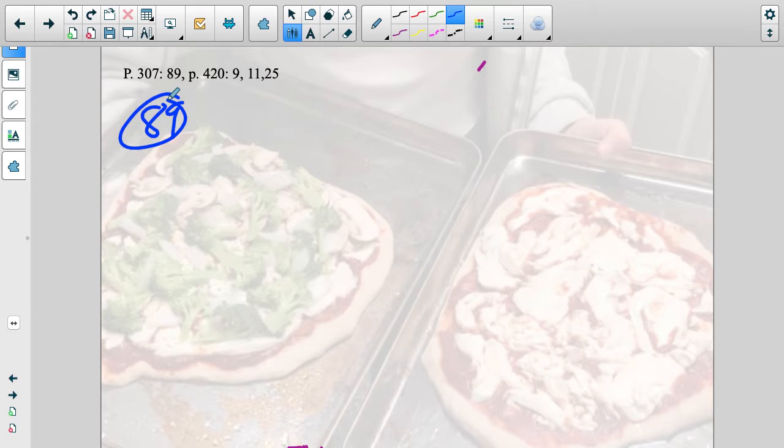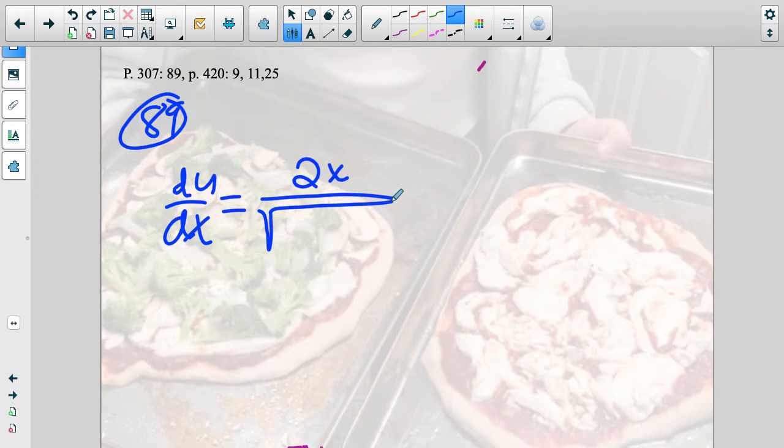All right, so we have dy over dx equals 2x over the square root of 2x squared minus 1. And the graph of the original function is actually given to us, but I'm not going to draw that right now.